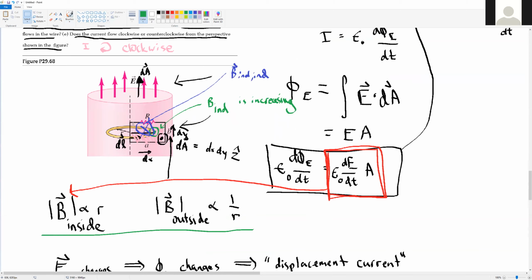Well, I treated the electric field as like the current, and that was making the magnetic field point into the circuit, and then since it's increasing, the induced field will point out of the page. The induced magnetic field, right. Yeah, I think thinking about it in terms of the current in the loop might be a valid way of thinking about it.